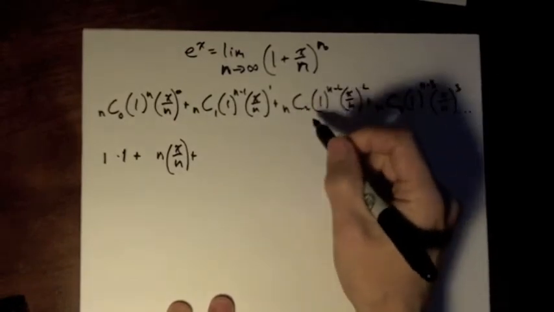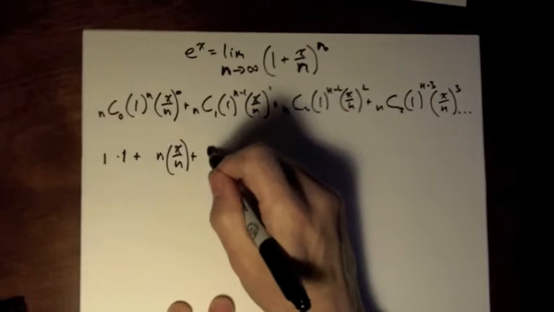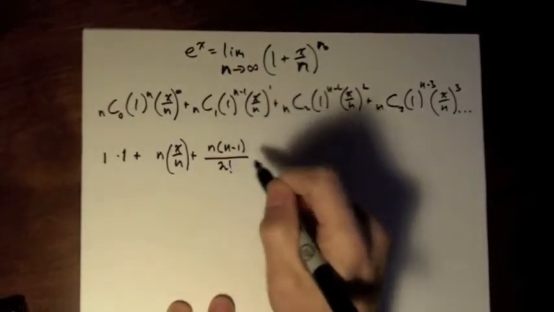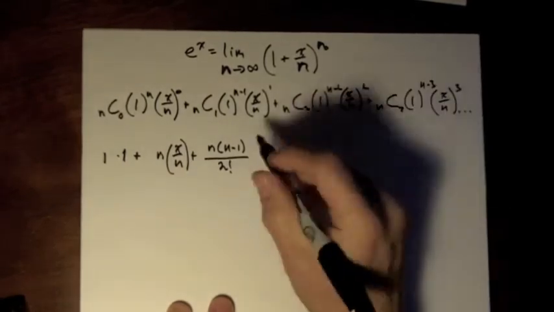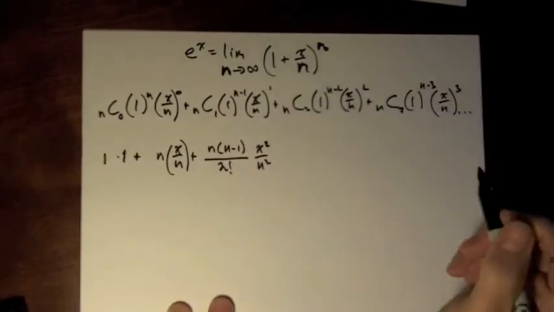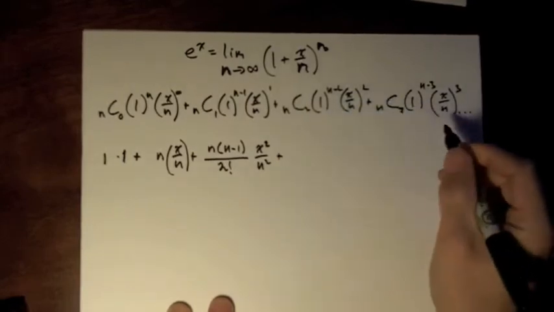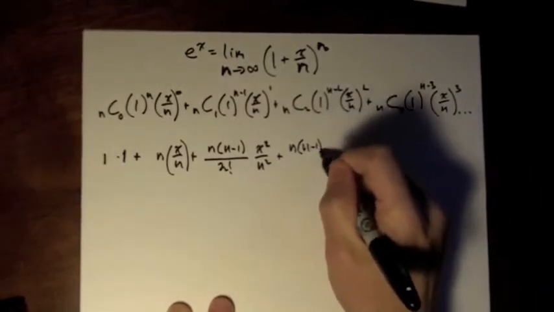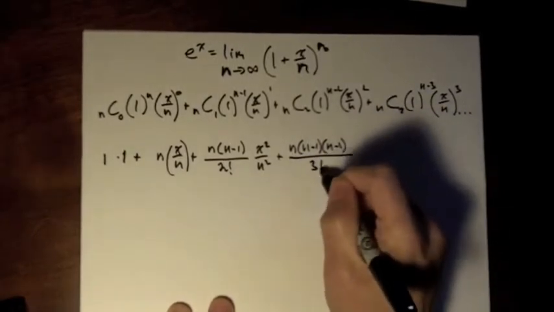This, just like yesterday, nC2 is going to end up giving us n times n minus 1 over 2 factorial. And whereas yesterday we had a 1 over n squared, today we are going to have an x squared over n squared. Okay. nC3 is going to be n times n minus 1 times n minus 2 over 3 factorial.